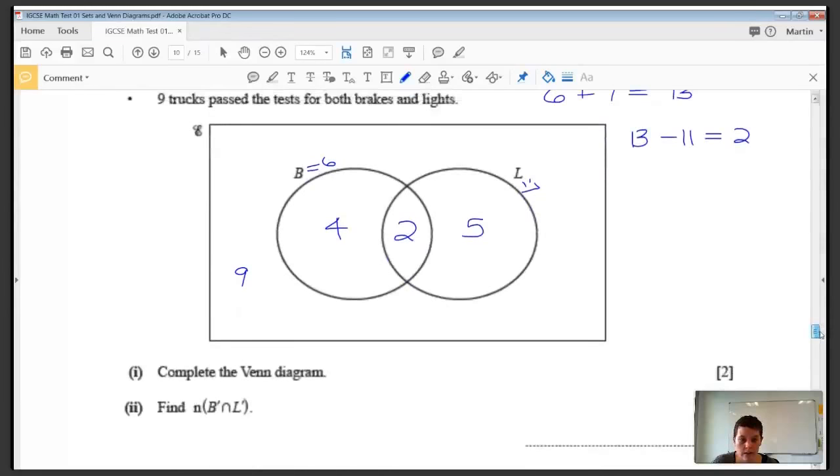They then ask us to find the number in the complement of B intersecting the complement of L. So, this is where those fingers come in handy again. We don't want what is in B, so we're going to use color to do this.